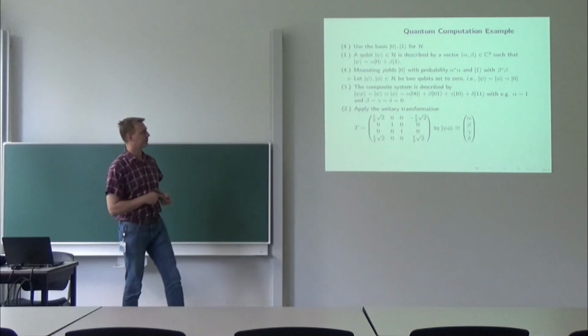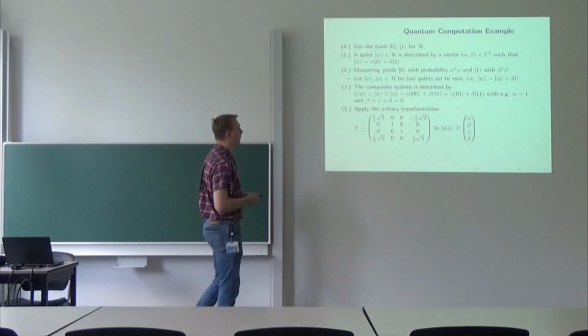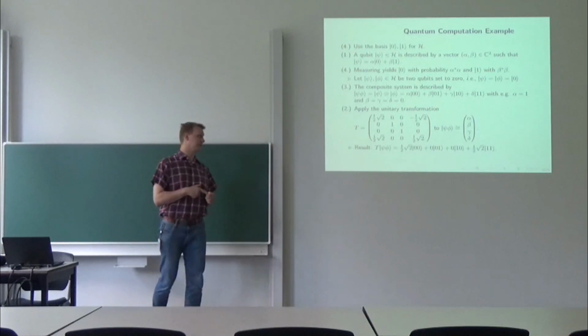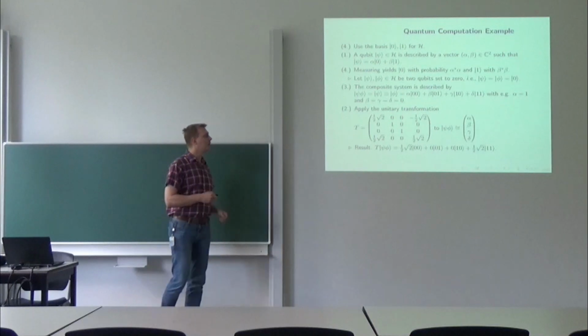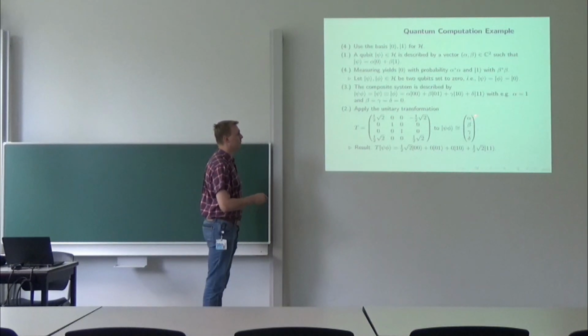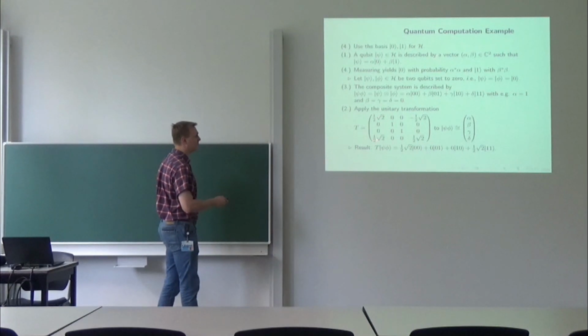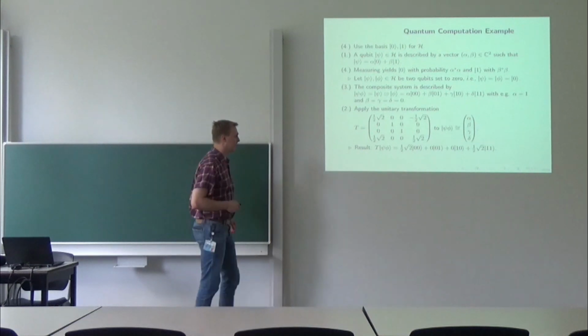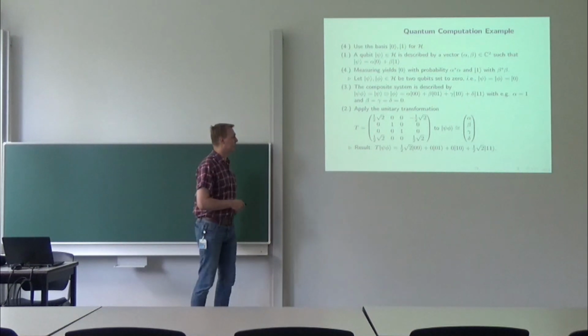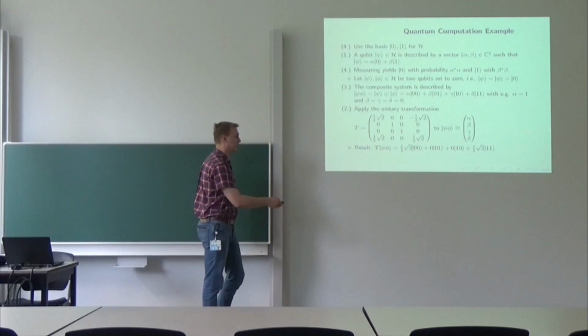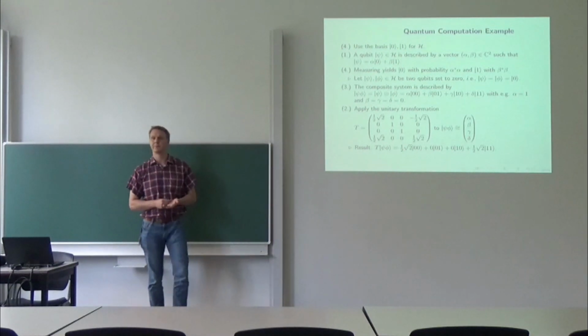Well, we can compute what that will give us. So alpha is 1 and beta, gamma, and delta are all 0. So basically, we really need to look at this column, excuse me. This is the new value for alpha, and this is the new value for delta, whereas beta and gamma are still 0. I shouldn't be explaining matrix vector multiplication, but this is the state that you get as a result.